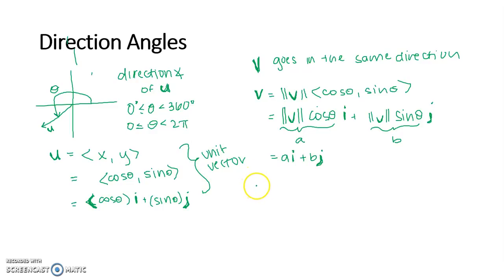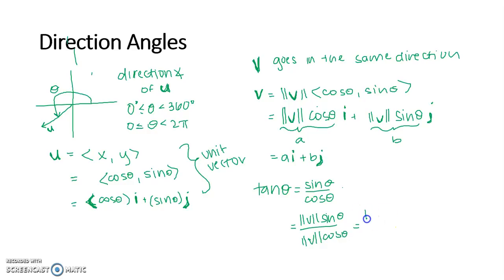To find that angle, if you think back to your unit circle, tangent was the same as sine over cosine. Notice that sine went over here with b, cosine went over here with a. So even if I have that magnitude in front of it, when I divide, it's in front of both of them, so it is going to cancel.